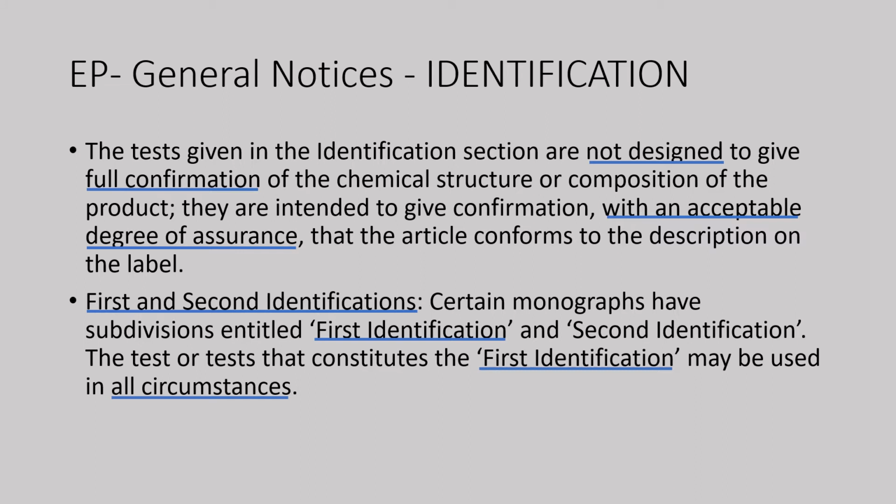EP prescribes that in all cases, the first identification should be conducted on the article. So, if the article has several identification tests classified as first identification and second identification, it is necessary to carry out the first identification test always. Let us understand more on this.